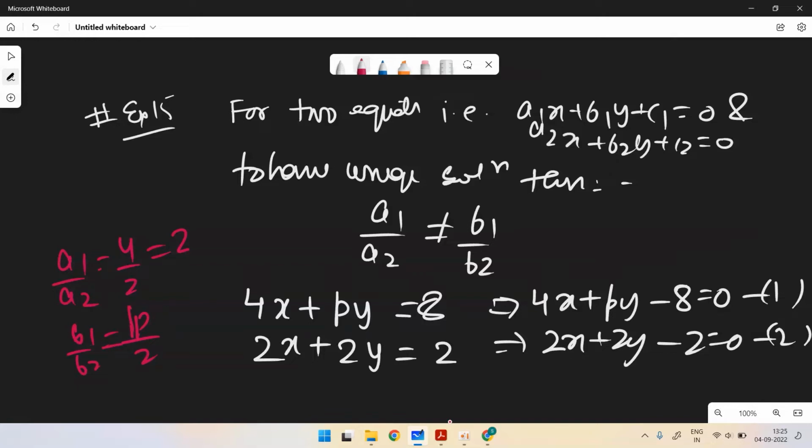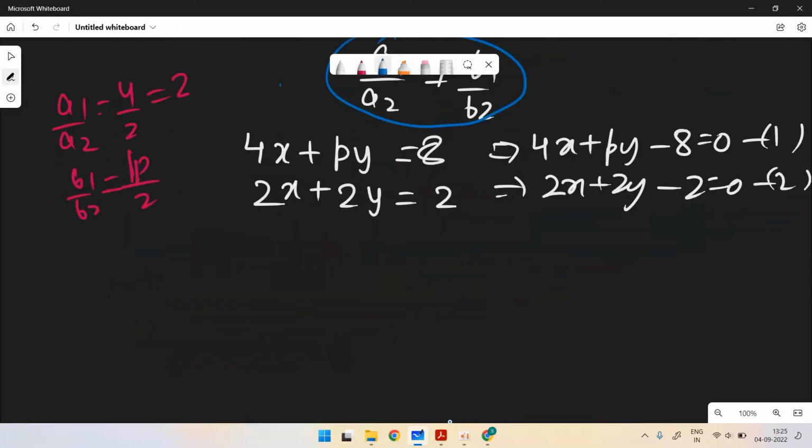As per this condition, a1 by a2 should not be equal to b1 by b2, which implies that p should not be equal to 4.